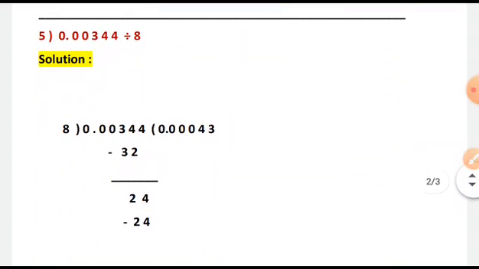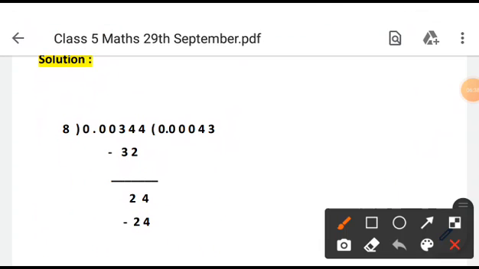Now next sum, 0.00344 divided by 8. So children, here again you find that 0, so it is not going, so you will put 0. Then you put the decimal point, alright.